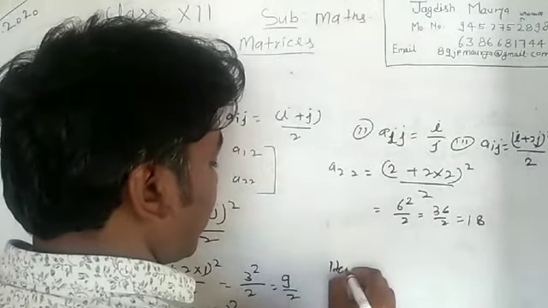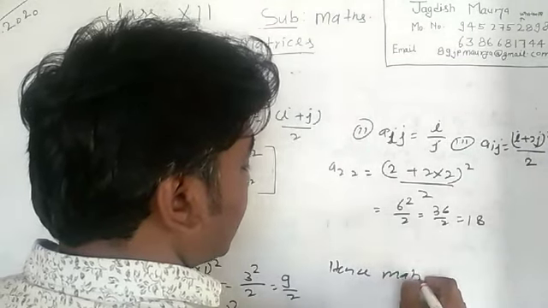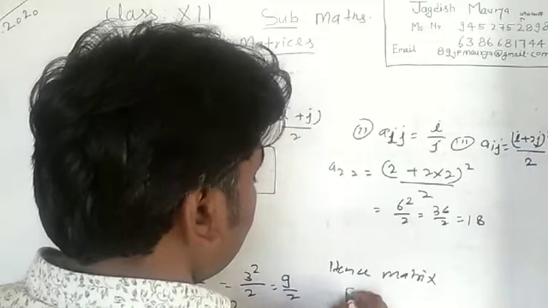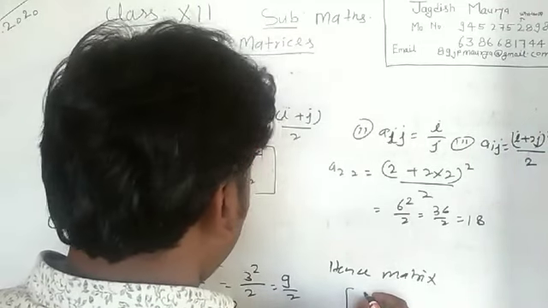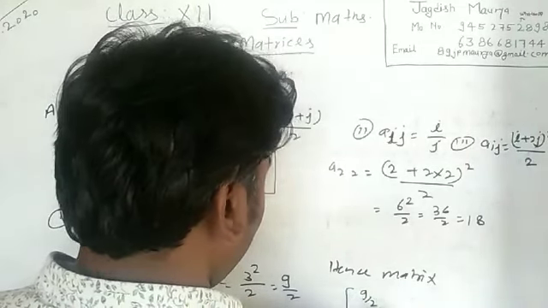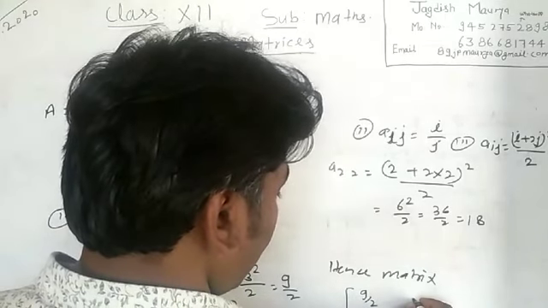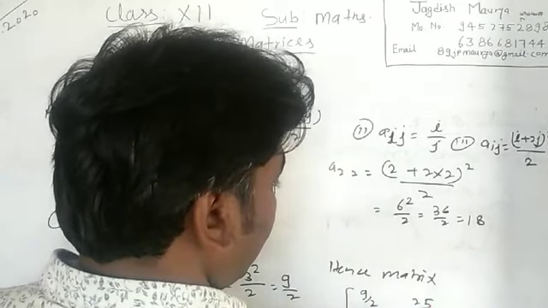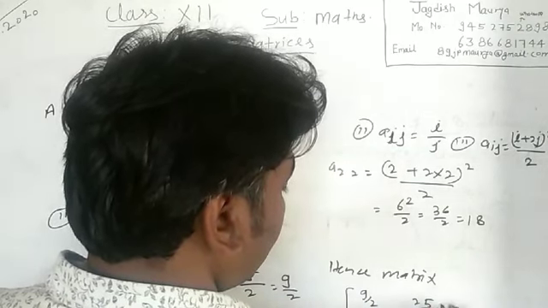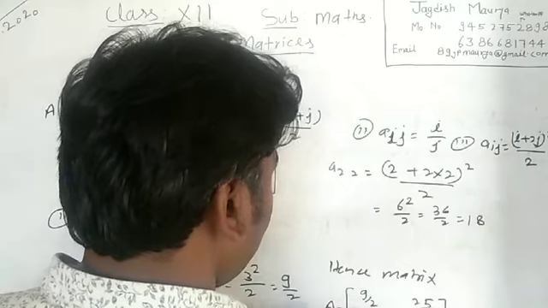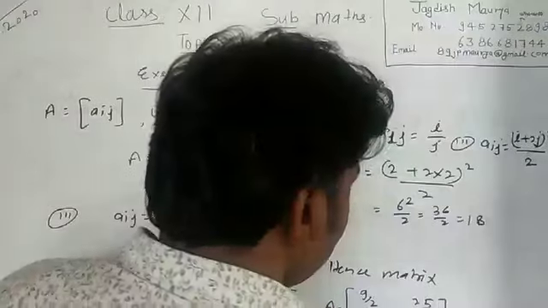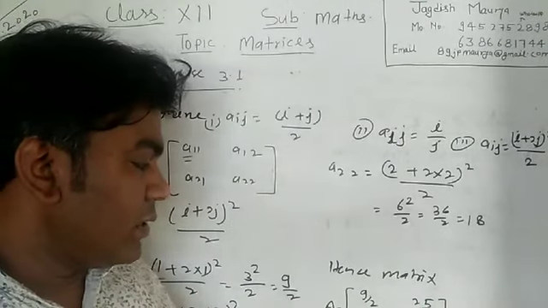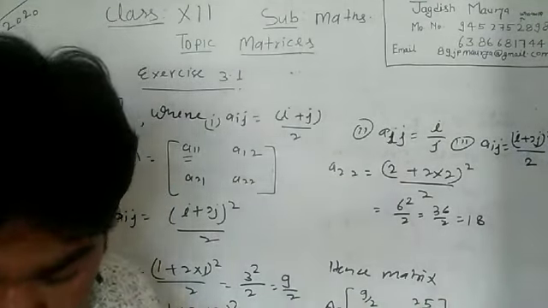Hence the matrix A equal to 9 by 2, 25 by 2, 8 and 18.